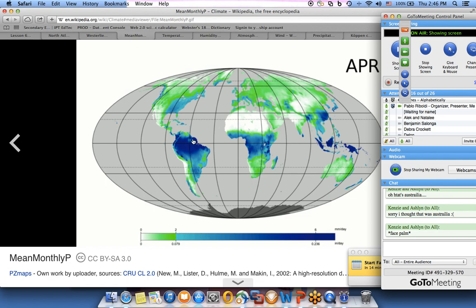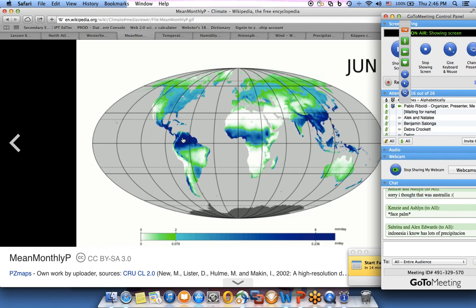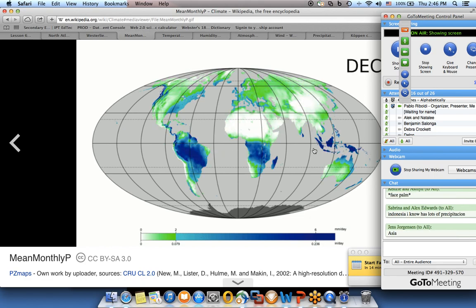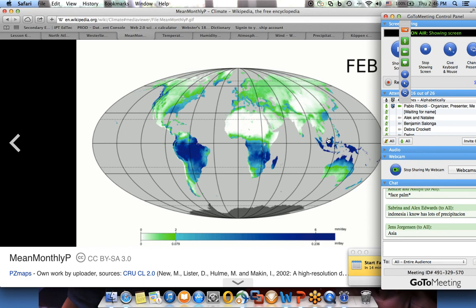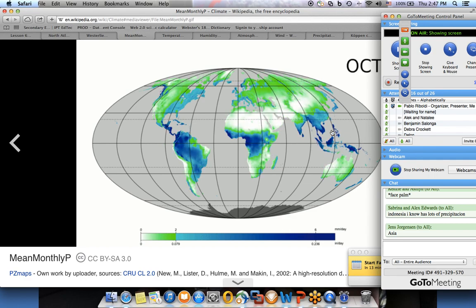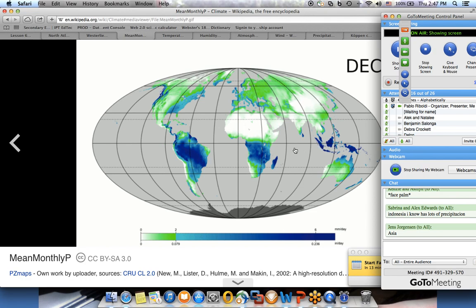All right, so the area of the world with the most precipitation is in Brazil, the Amazon forest. Indonesia gets a lot of precipitation. See, it's blue all throughout the year in Indonesia, so that area gets precipitation all the time.